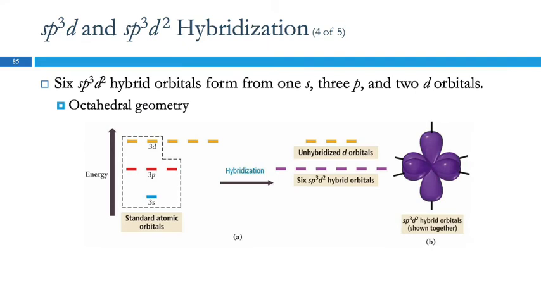Well, what if you need 6? If you need 6, then you're going to grab 2 of those beds from the D room. You're going to move your wall over further, so now you've got 6 beds in one room. So this is called sp3d2 because it has an S and P3, there's 3 P's and 2 D's.